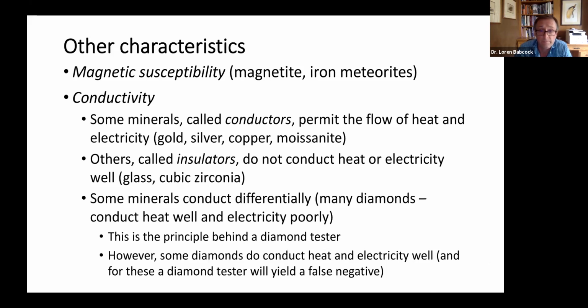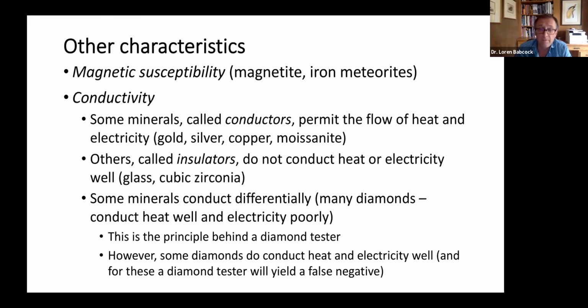So if you use a heat and electricity conductivity meter for a diamond, you will find that most diamonds conduct heat well but electricity poorly, and you can essentially rule out many of the imitations, or rule out a diamond, depending on what the results are.